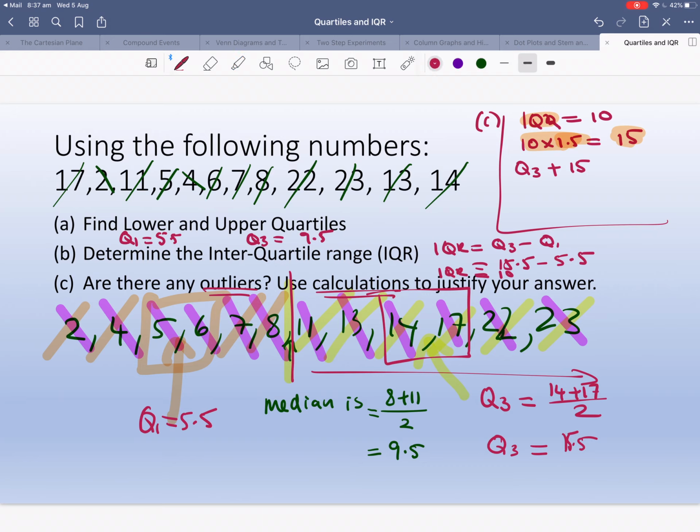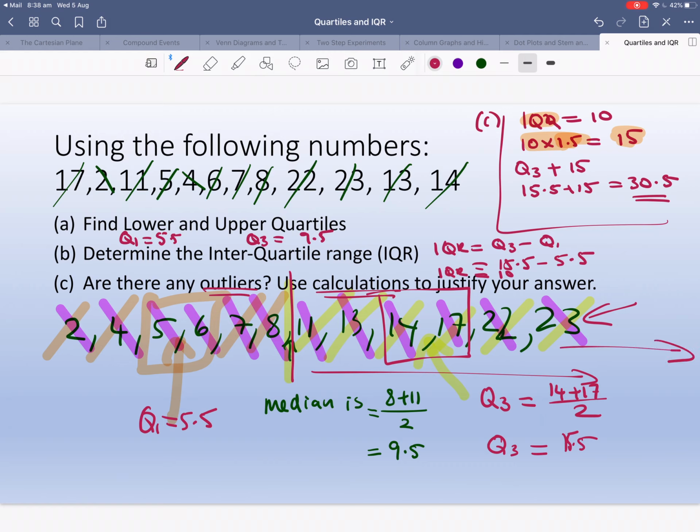And our Q3 in this case is 15.5 plus 15 equals 30.5, okay? Now what this says, if there's any number that's bigger than 30.5, there's an outlier. Is there a number that's bigger than 30.5? No. So there's no outliers on this end of the data, okay?